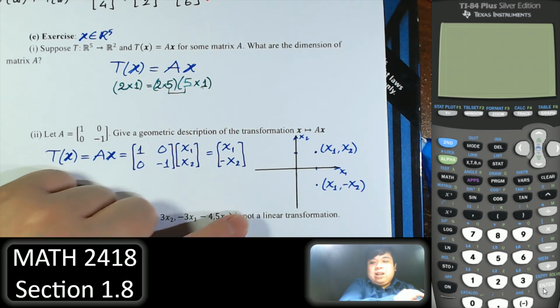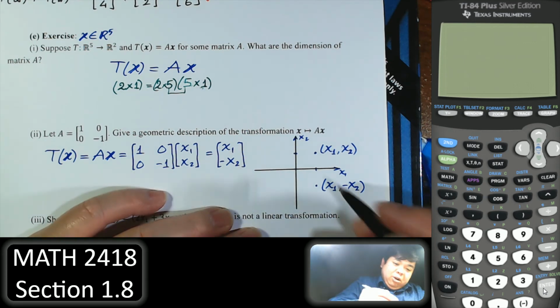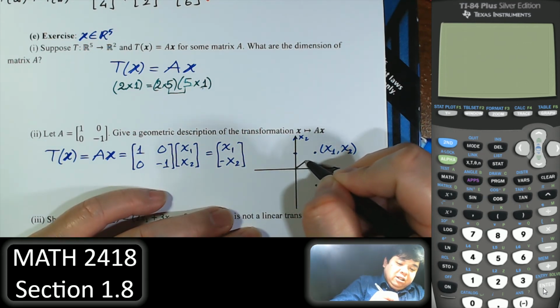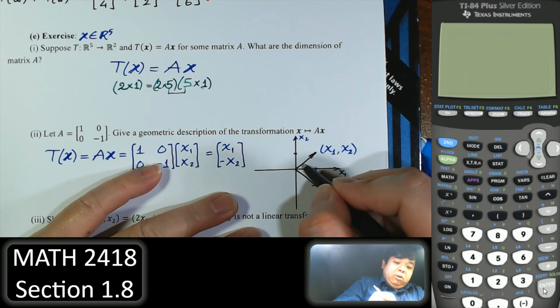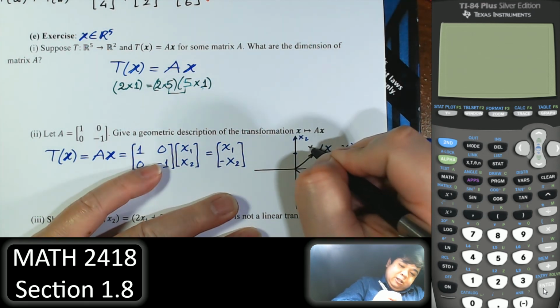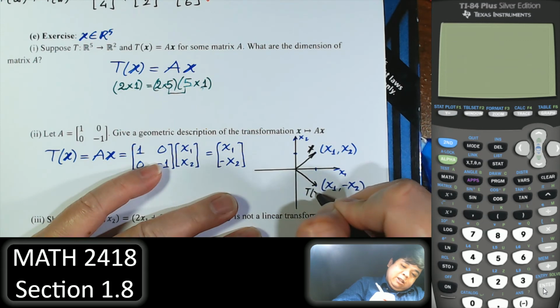So I write that as a point. Remember, a point is a vector, and a vector can be thought of as a point. So this is originally x, and this is T of x.